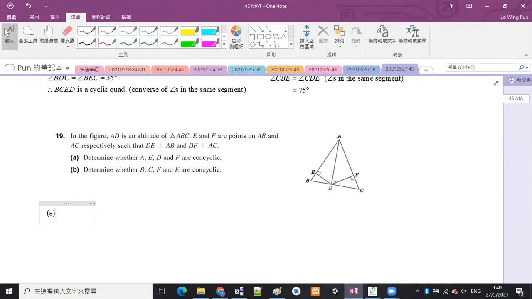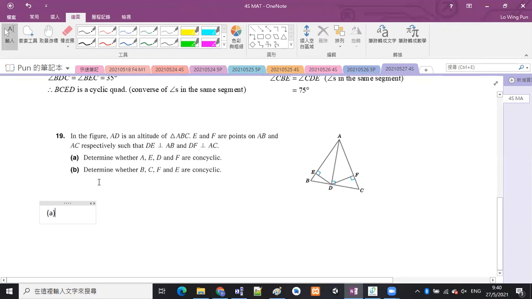Altitude is always perpendicular to a side of the triangle. So we have angle ABC being 90 degrees, and E and F are points on AB and AC respectively, and then we have two perpendicular lines also.